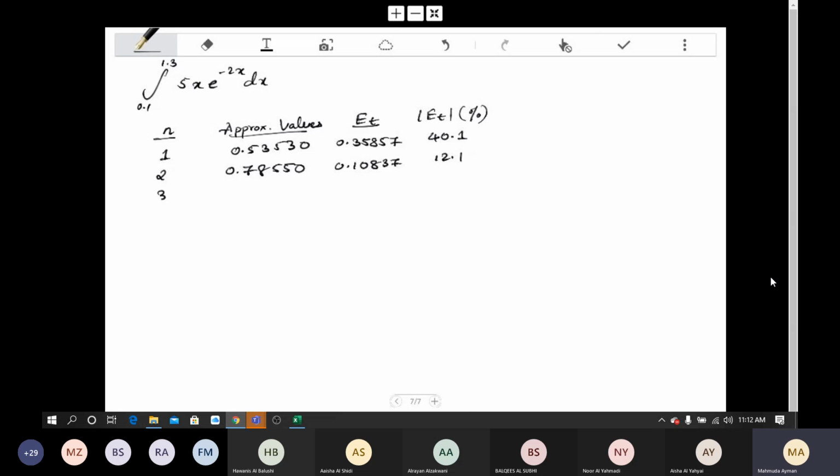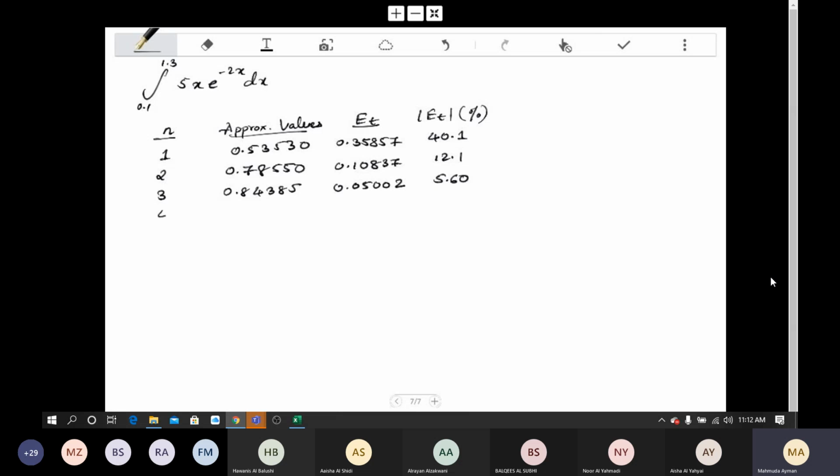And then we just now saw with three segments, we got the value 0.84385, and the true error was 0.05002, and the percentage error was 5.60%.